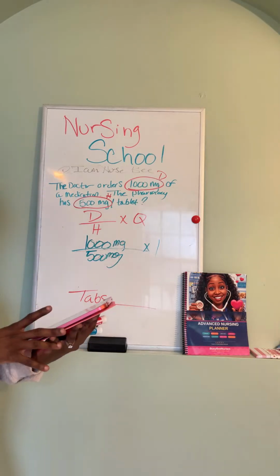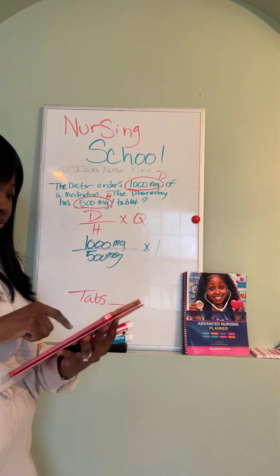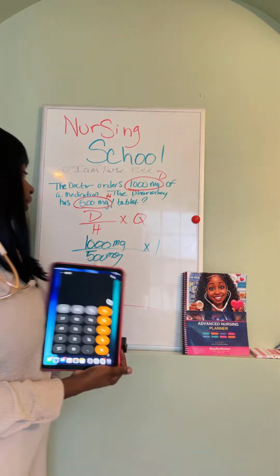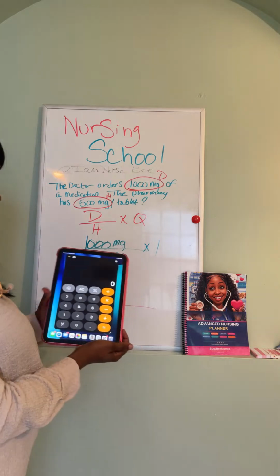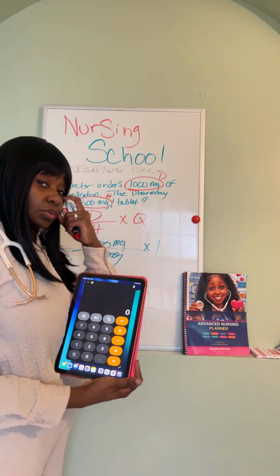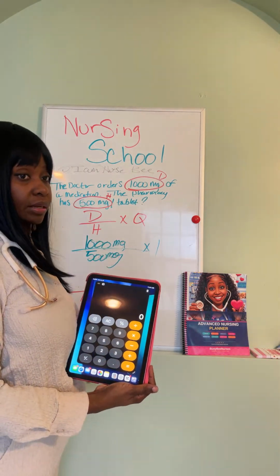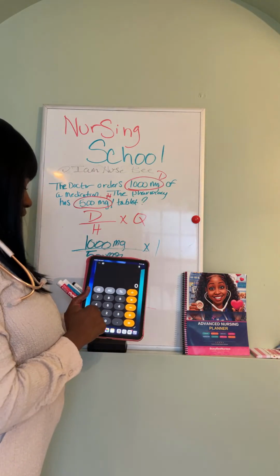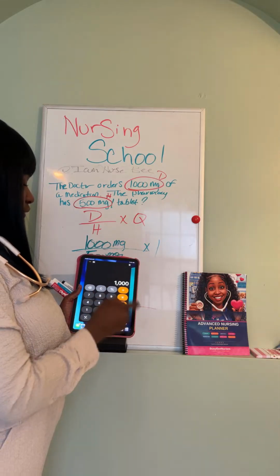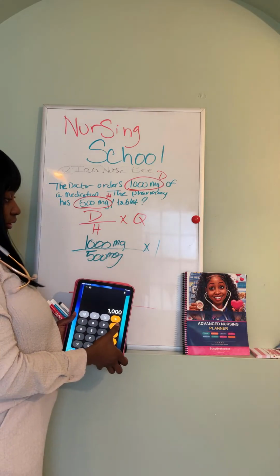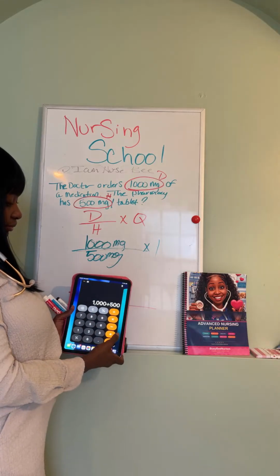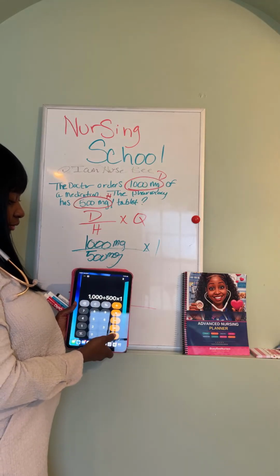All right, so we are going to do the calculations again. Bring out your calculator, guys. It's okay. When you are in nursing school, they're going to have you do your dosage calculation on a calculator. So you're going to do 1,000, which is what the doctor ordered, divided by 500 milligrams times 1.